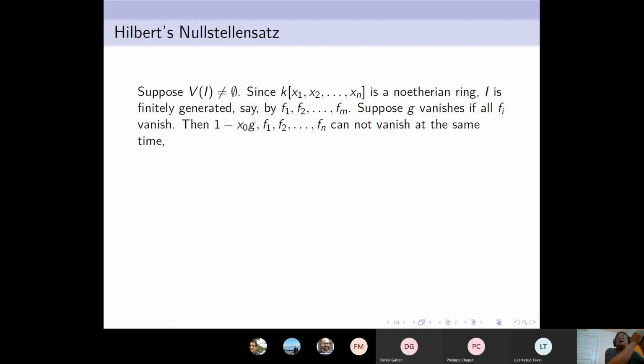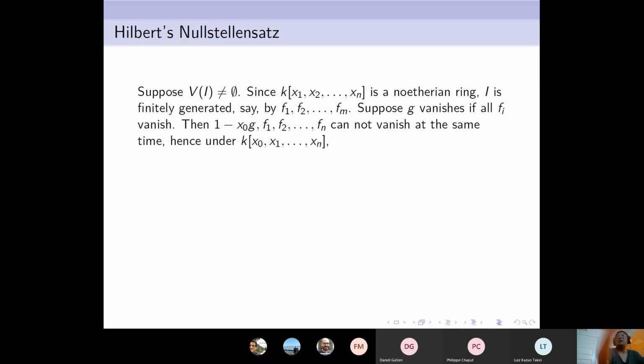Then we introduce an extra variable x0, and 1 minus x0 g and f1 up to fm cannot vanish at the same time. This is obvious, because if g vanishes, then 1 minus x0 g doesn't vanish, so we can't make them vanish at the same time.